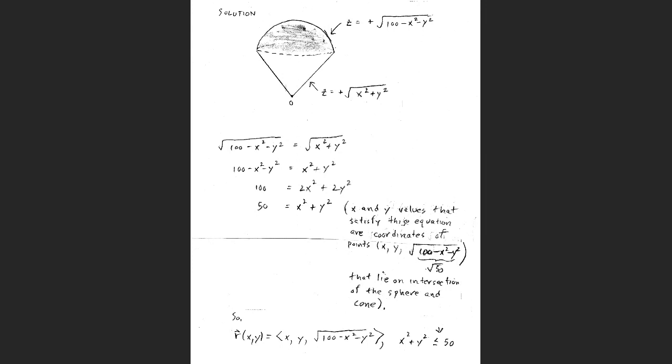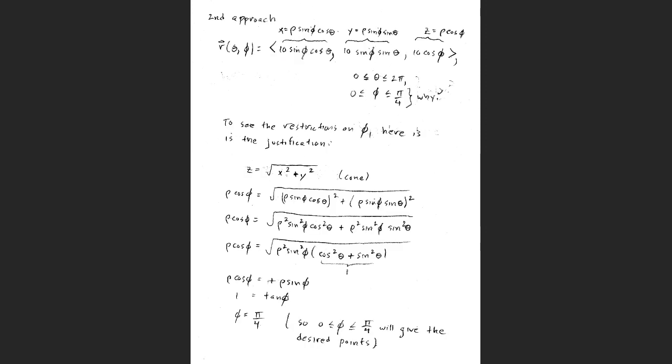The point is, we have to get a restriction on phi. Measuring phi from the positive z-axis, phi would end at the cone, where the cone touches the sphere. So if we figure out the boundary for the cone in terms of phi, we'll get the ending angle.